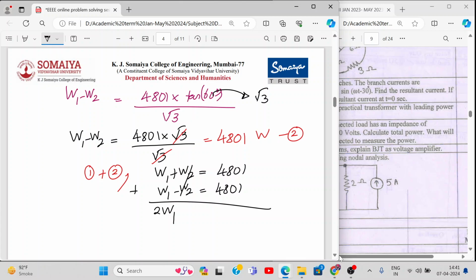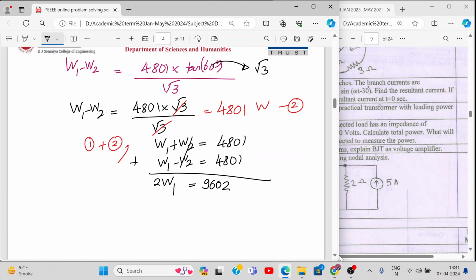This disappears. And this becomes twice, right? So how much is 4801 plus 4801? 9602. So W1 will be 9602 divided by 2, 4801. Yes or no?